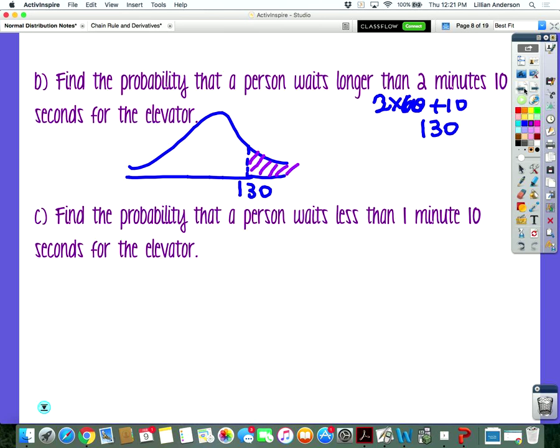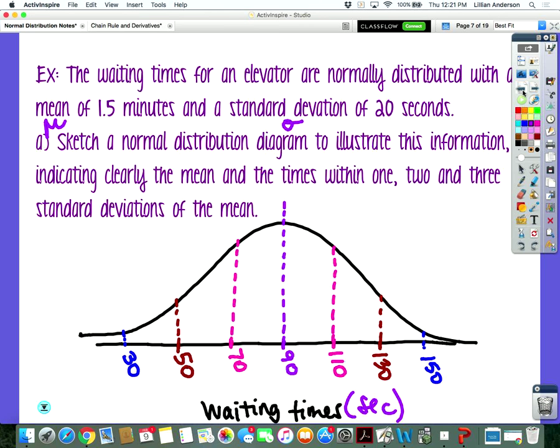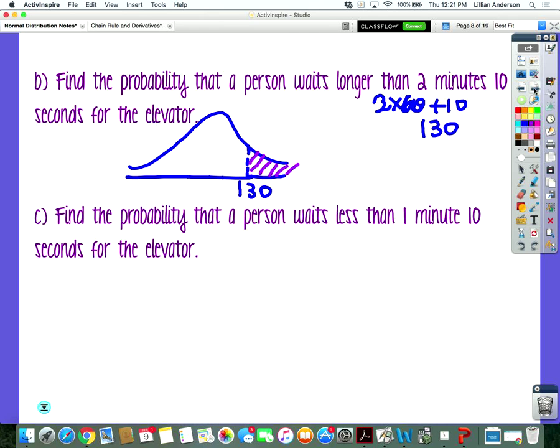That's when knowing the probabilities really comes in handy. So 2 standard deviations. What percentage was that? The mean: what's the probability to the left of the mean?